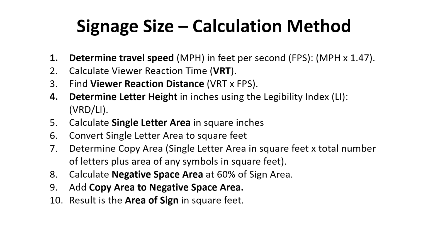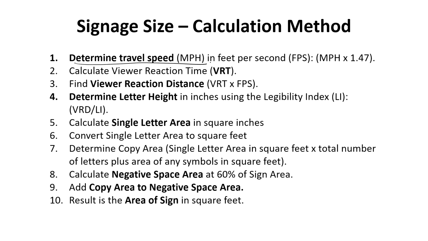Now, let us go through the calculation and the steps we have to follow for determining the signage size. To determine the size, first we need to know the travelling speed.